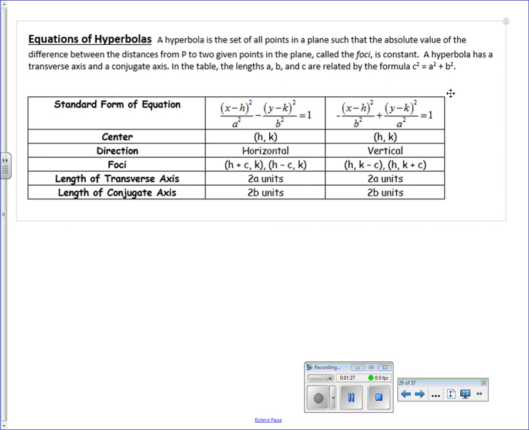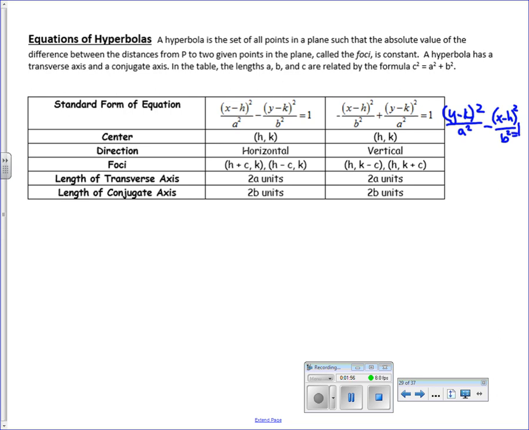So you can think of this in a couple of ways. You can have it this way, where the a squared and the b squared, for the most part, stay consistent. That's why I don't like this format. Another way to write this is y minus k quantity squared over a squared minus x minus h quantity squared over b squared.